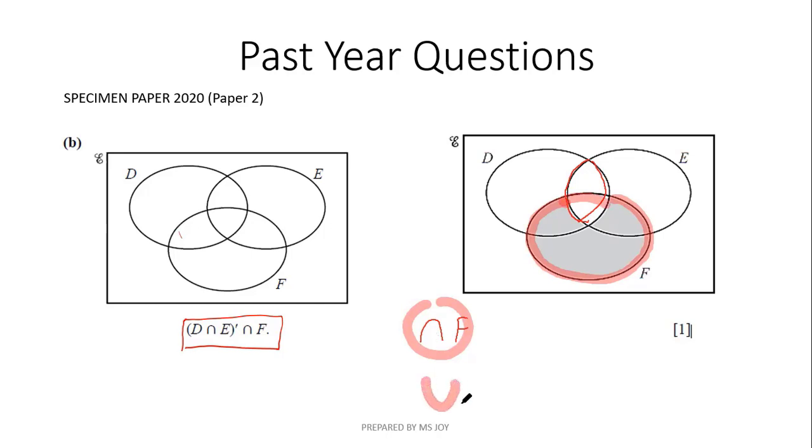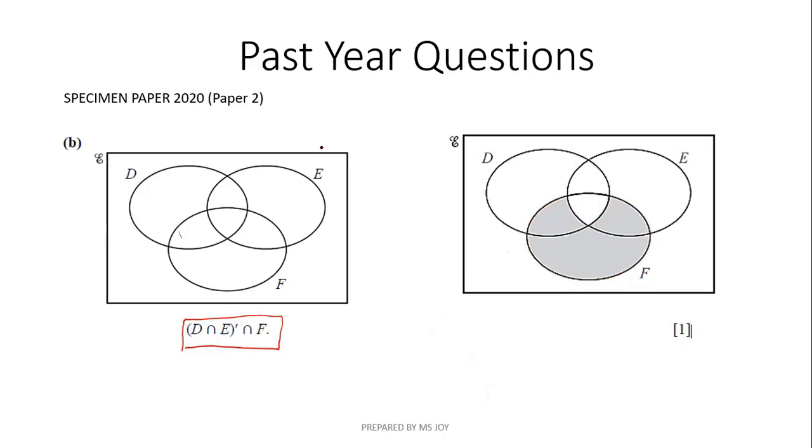If the question says union of F, then yes, you can color the entire F. But since the question didn't say that, you only shade until this part of F. You cannot go more. This is the meaning. Understand? Thank God I chose this topic. If not, it's gone like the exam, everyone.